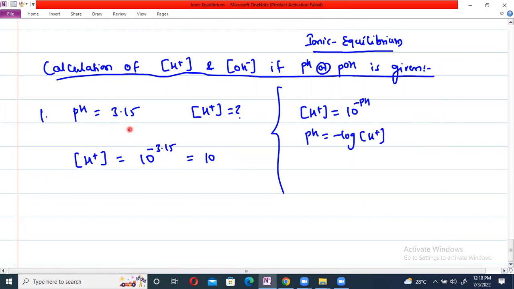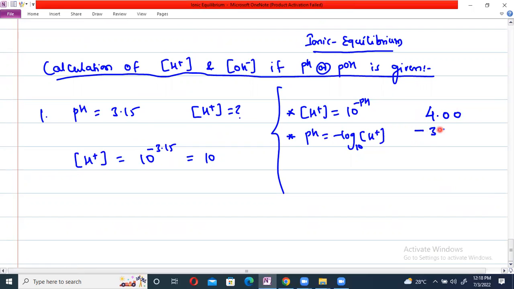We are having pH value 3.14 and they're asking to get the concentration of H plus. We should know this formula. Concentration of H plus is equal to 10 to the power of minus pH, and pH equal to minus of log to the base 10 concentration of H plus. See, this value 3.14 is nearly equal to 4.